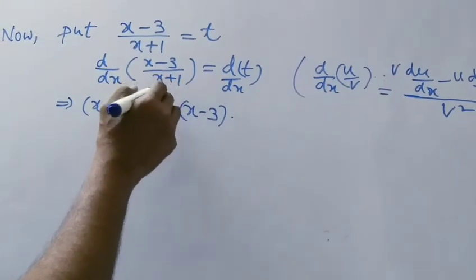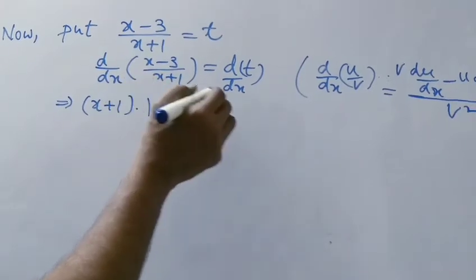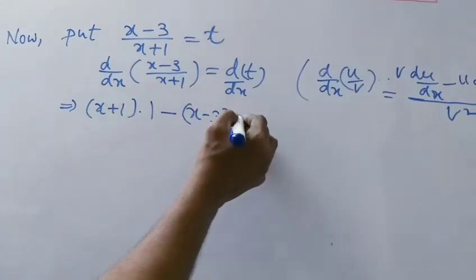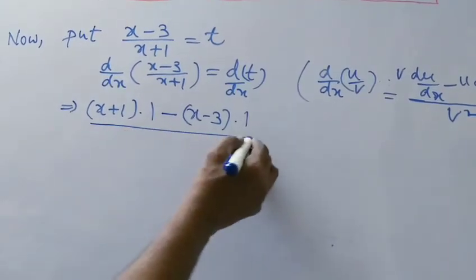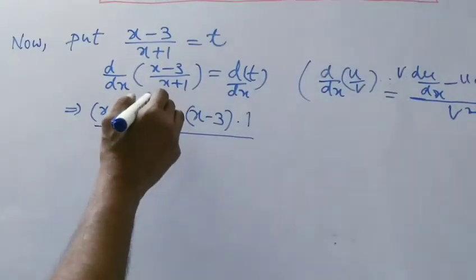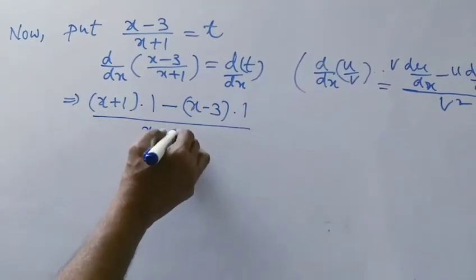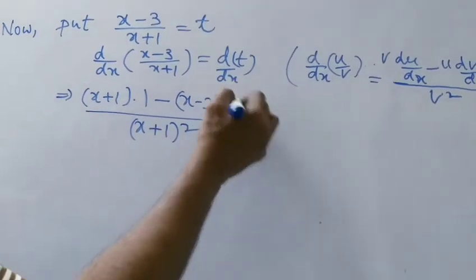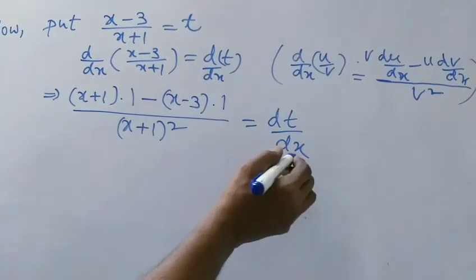The constant becomes 0 and the differentiation of x is 1. So (x minus 3) into 1, by v square, which is (x plus 1) whole square, is equal to dt/dx.